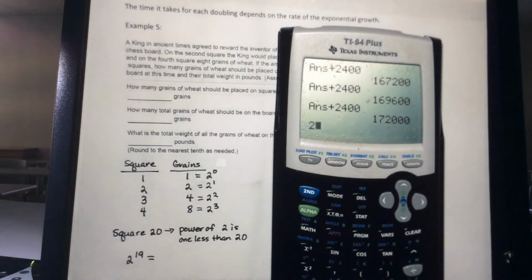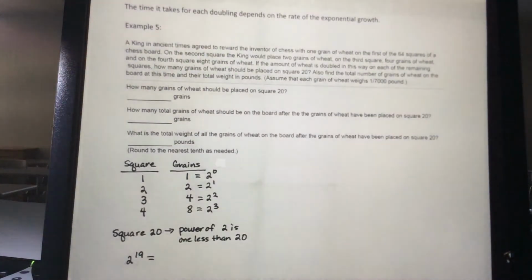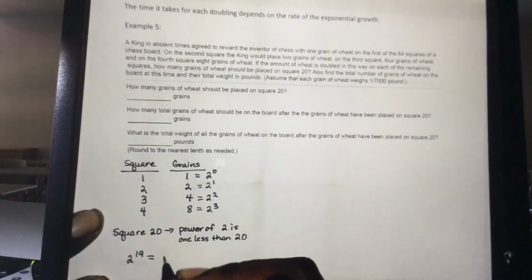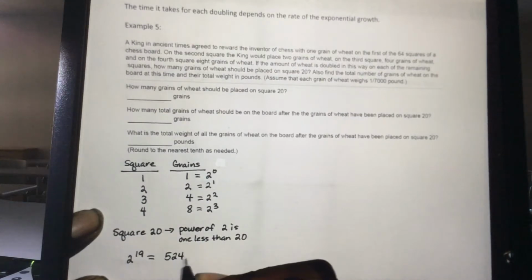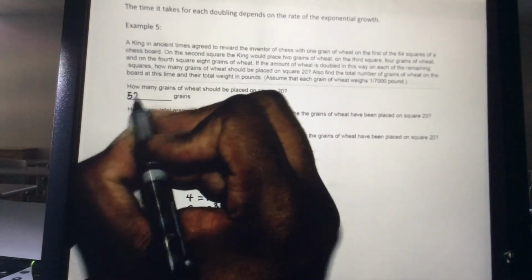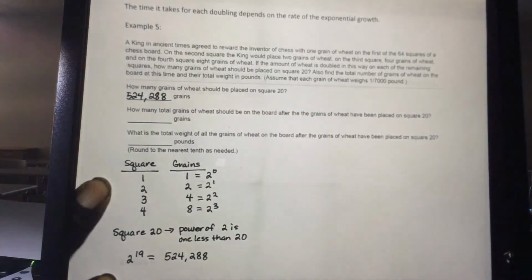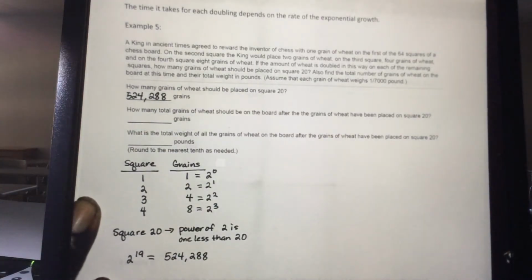So if I do 2 and then press the hat key and then type in the 19 for my exponent, that would be 524,288. So on square 20, there will be 524,288 grains on that square.